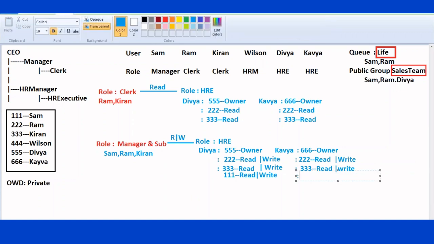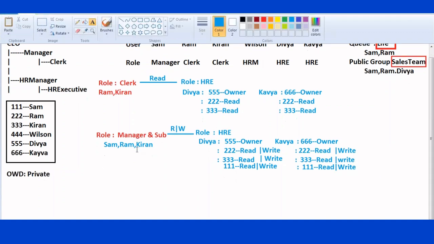So records are shared with whom? With the read and write permission. Records which are owned by the role and subordinates of manager are shared with the users whose role is HR executive.